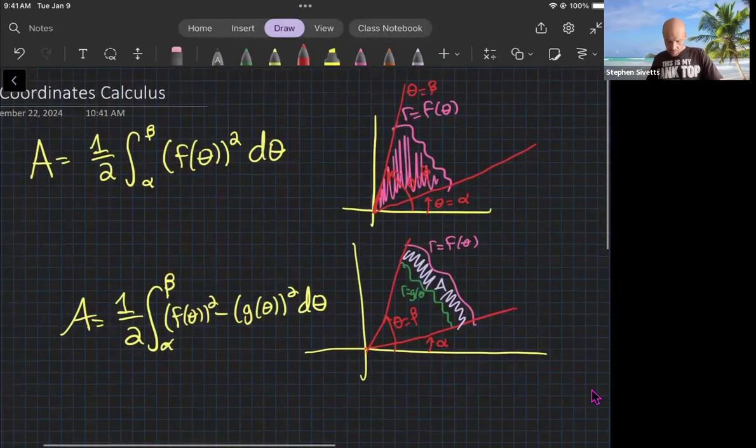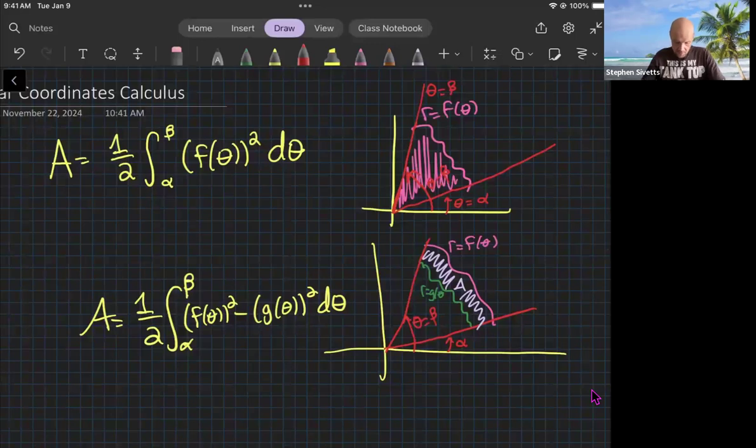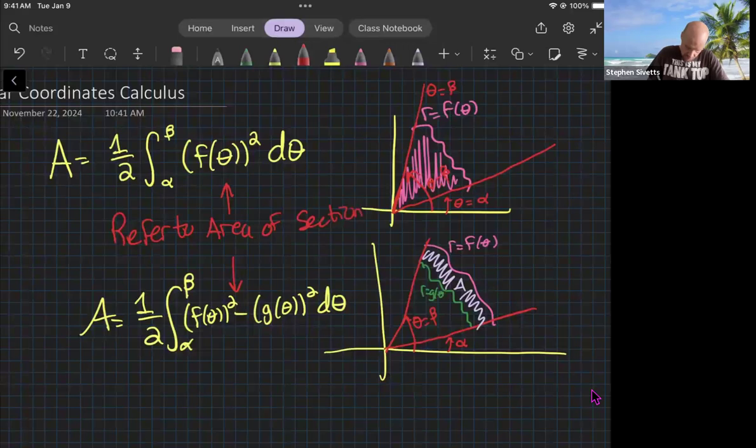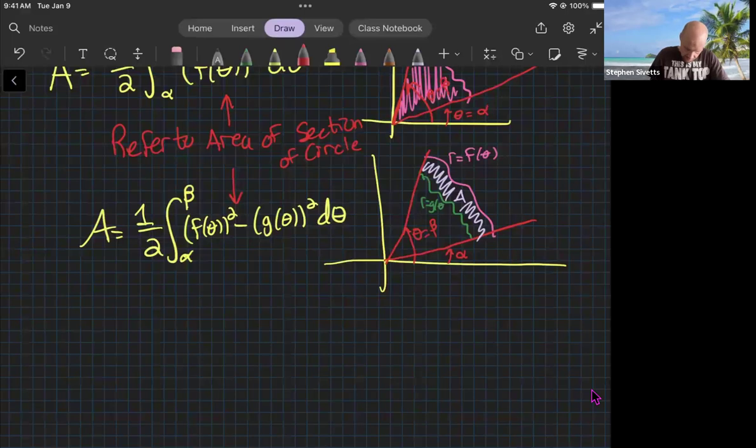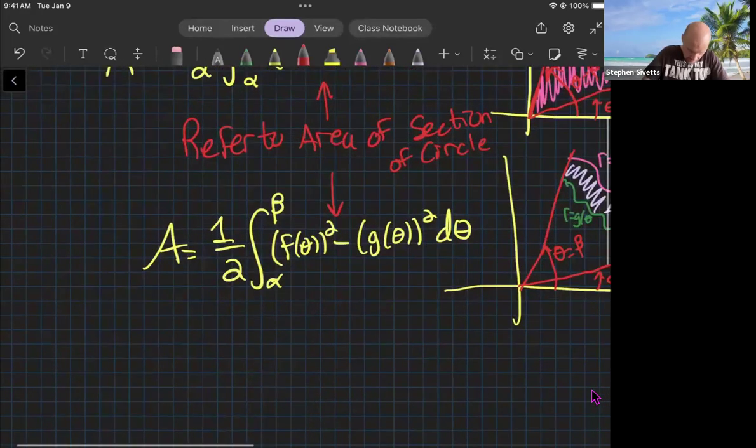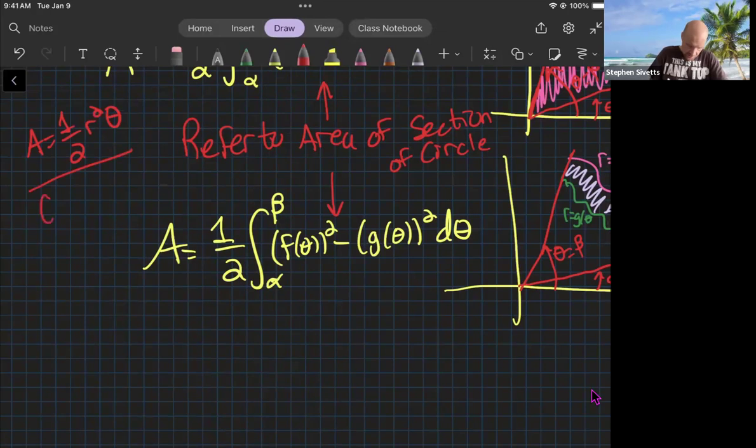Okay, so this integral refers to taking the area of a section of a circle, right? And to compute that area, well, it's equal to 1/2 times r squared theta, right? So this is the area of the section of the circle in radians.